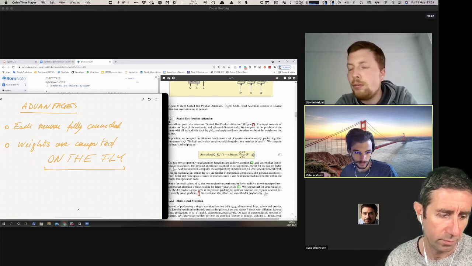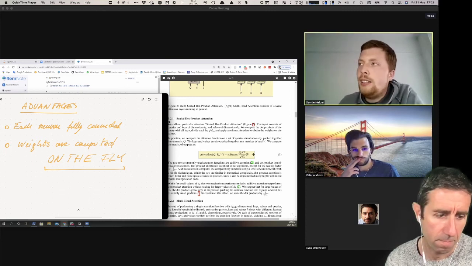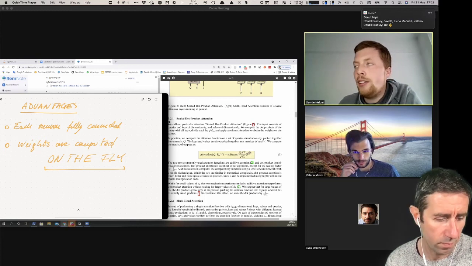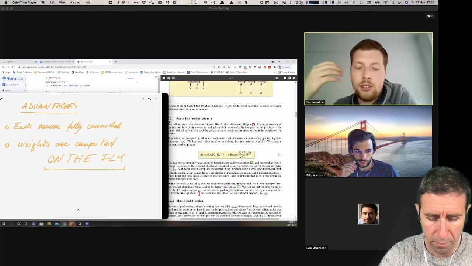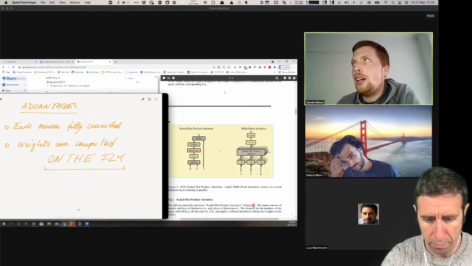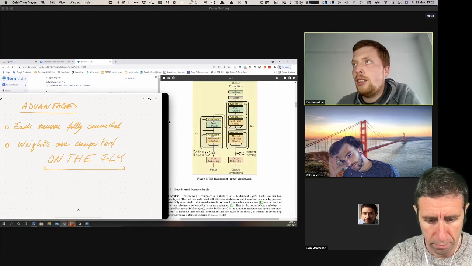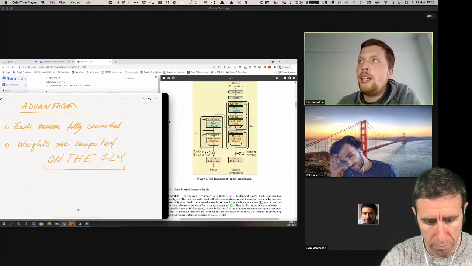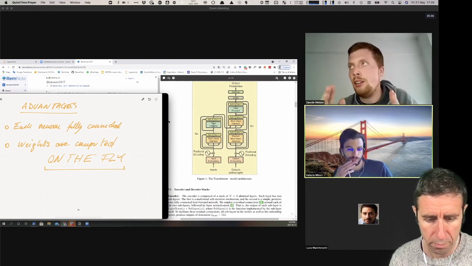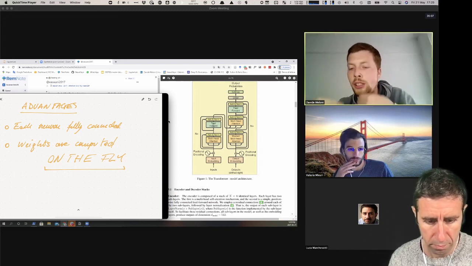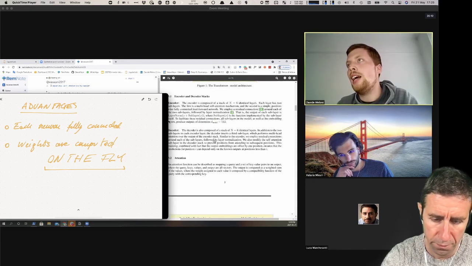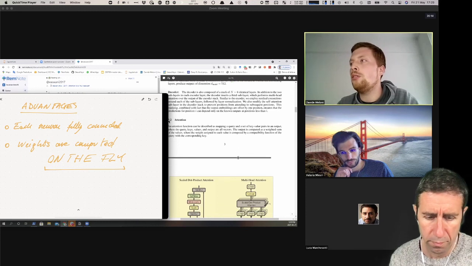I mean, these queries, keys, and values are computed with weights, because after each attention layer there is a classical layer that computes the queries, the keys, and the values for the next layer. So it's a different way to use the weights.